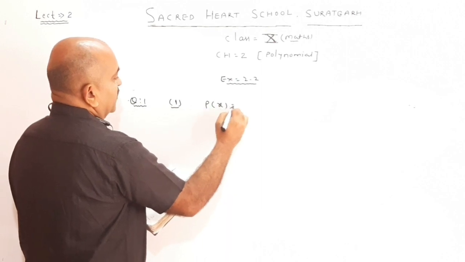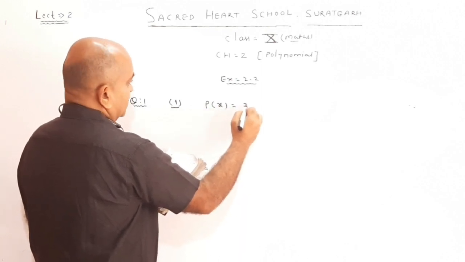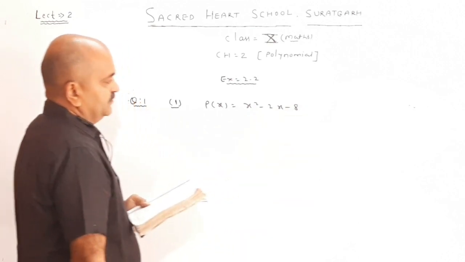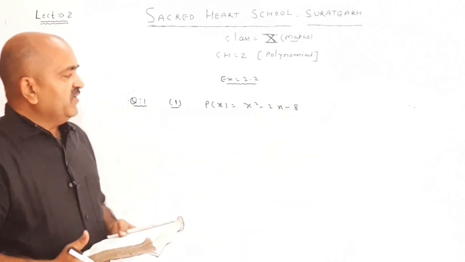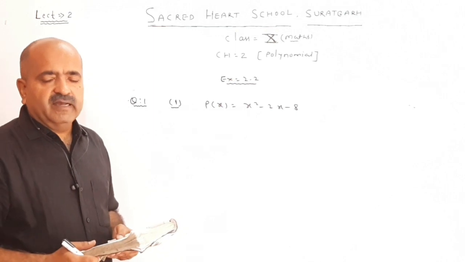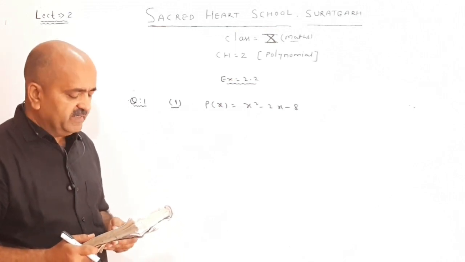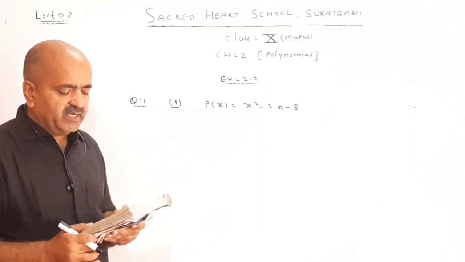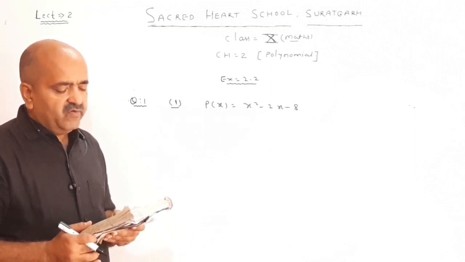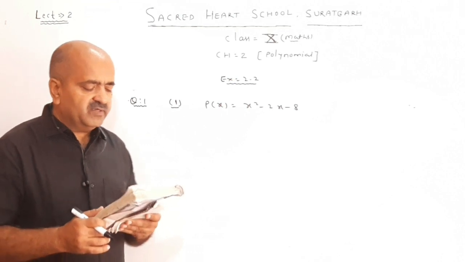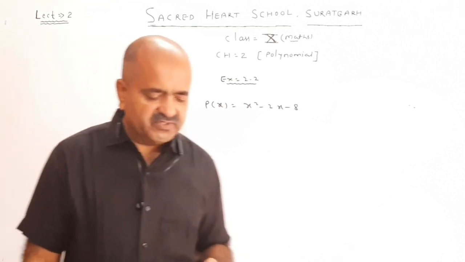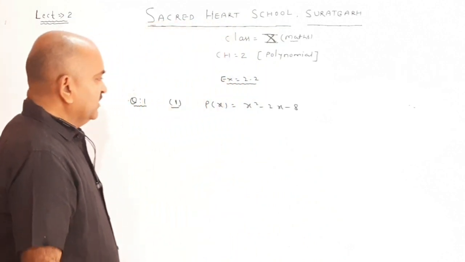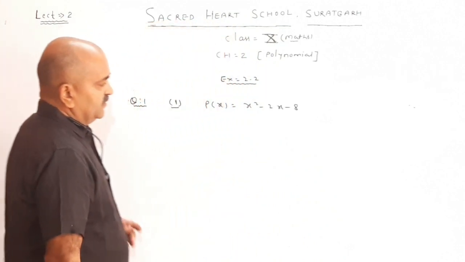Students, in this question, a polynomial is given, p of x equals x square minus 2x minus 8. In this question, find the zeros of the quadratic polynomial and verify the relationship between the zeros and coefficients. So students, what process do we use in this question?